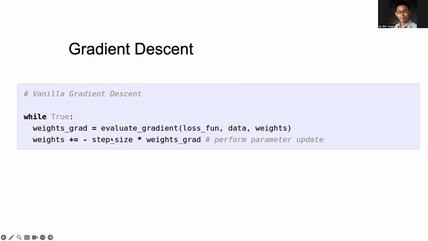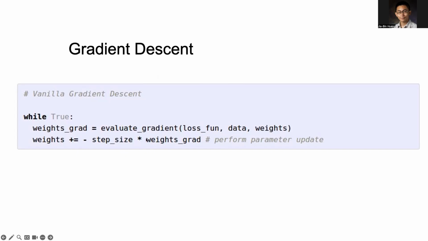What's interesting here is that you don't want to take too large a step. So you have a step size that controls how much you update your weights. Usually it's a small number like 0.01 or something like that.